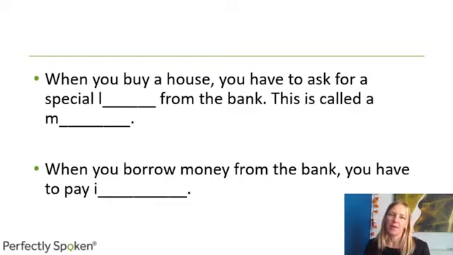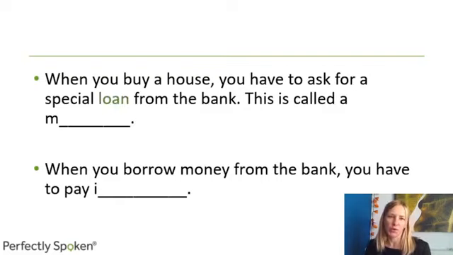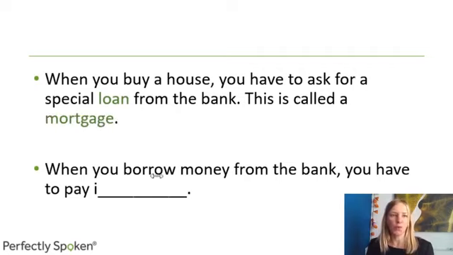So when you buy a house, you have to ask for a special loan from the bank. This is called a mortgage. Mortgage. This actually comes from the Latin word mort, as in death. So, and it's to estimate how long before you die. That's the original where it comes from.